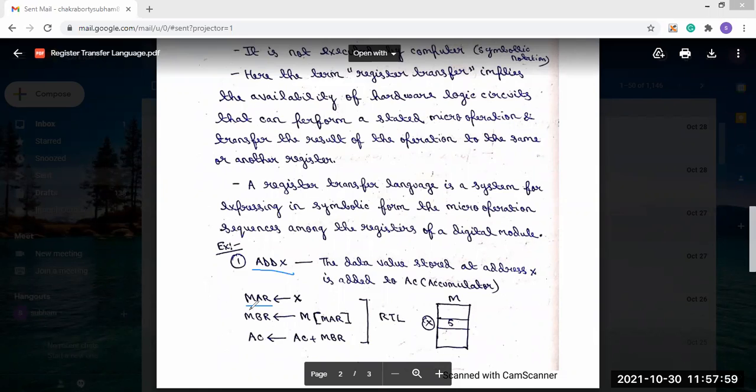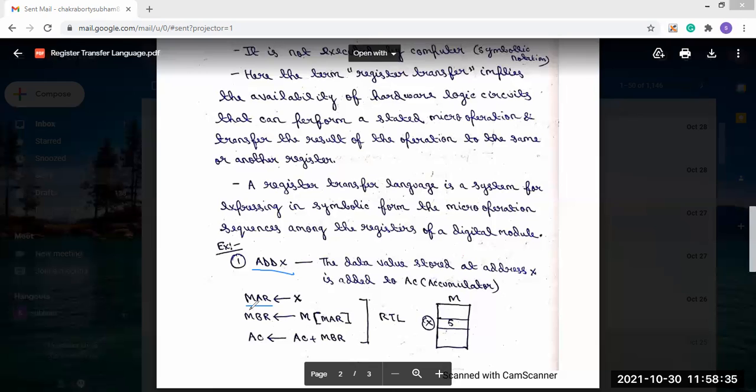If you remember the instruction cycle, first what did we do? Instruction address calculation. The address we transfer into the memory address register first. After doing that, whatever value is stored in the memory address register will be transferred to the memory buffer register, MBR.